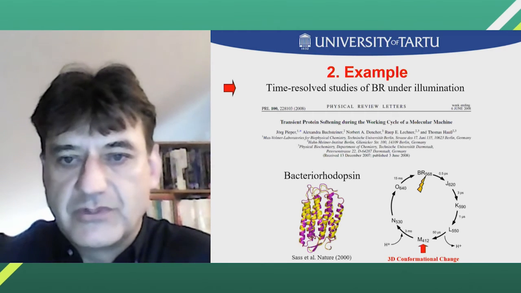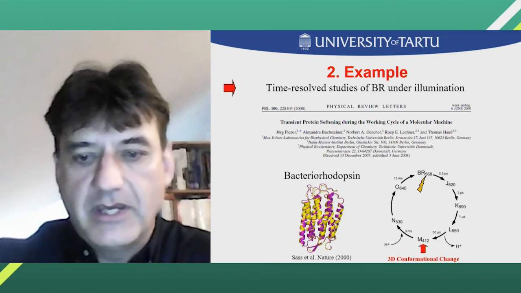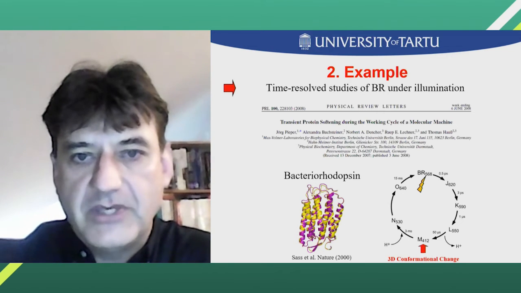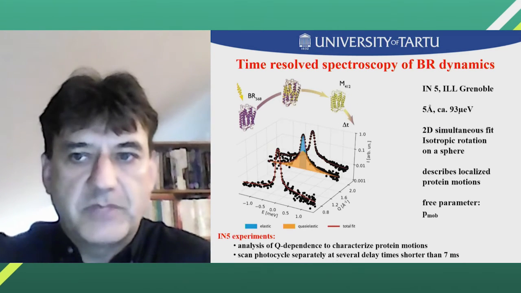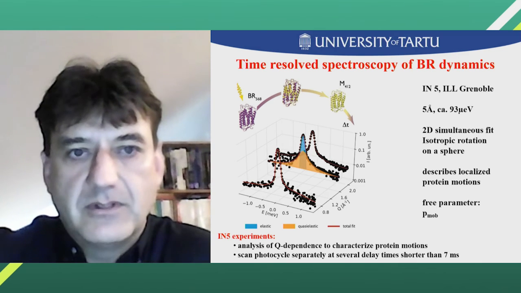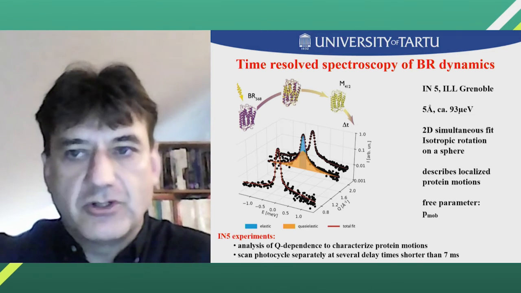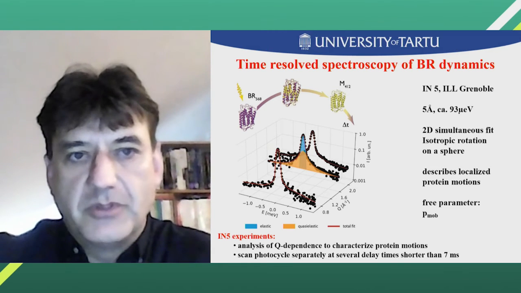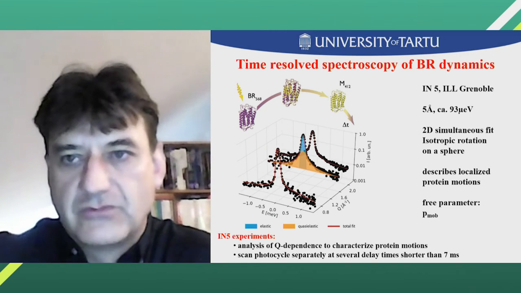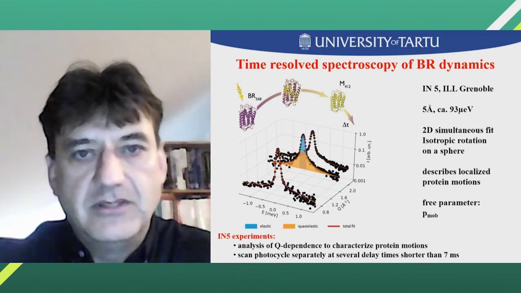Then it undergoes a photocycle through several structural intermediates. And if you interface a neutron spectroscopy experiment with external illumination, you can, instead of a snapshot of the dynamics, in principle measure a movie through all these functional states. And this is what we have here.